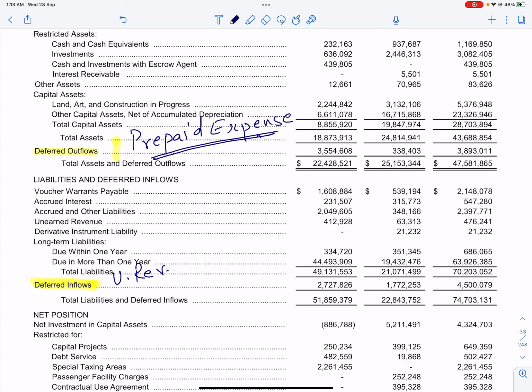If you can recall, unearned revenue in the financial statements of a business is the money received by the company for a service or product that has yet to be provided or delivered. If you put this in the accounting equation, cash has been received but the services or goods are not delivered, so this becomes a liability, unearned revenue.